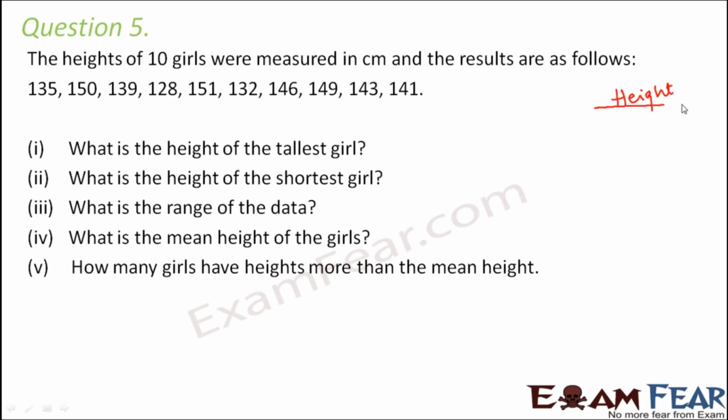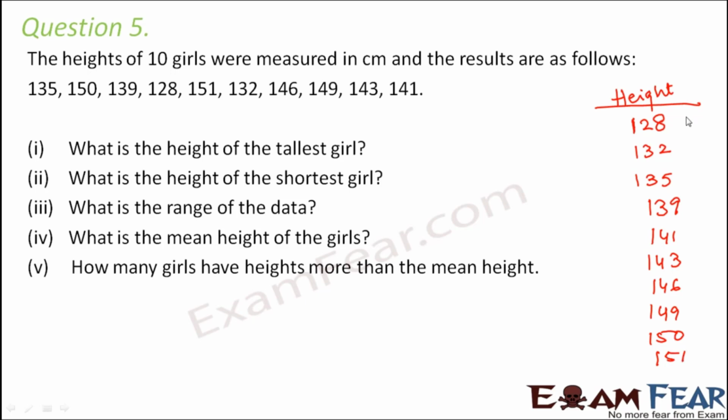So we create a table with just one column, that is height, and then we put this data arranged in ascending order from smaller to bigger. So 128, 132, 135, 139, 141, 143, 146, 149, 150 and 151. So this is how we have arranged the heights in increasing order.